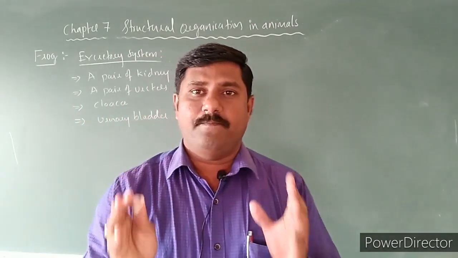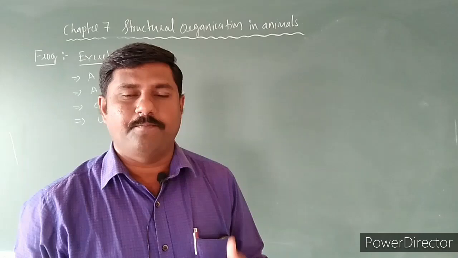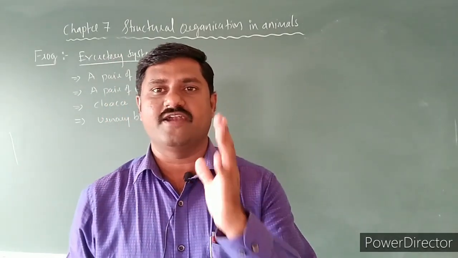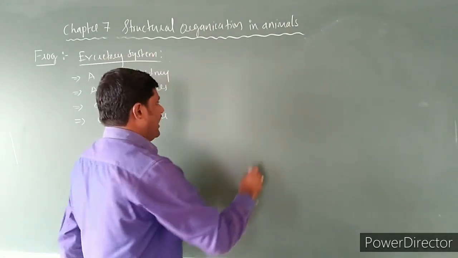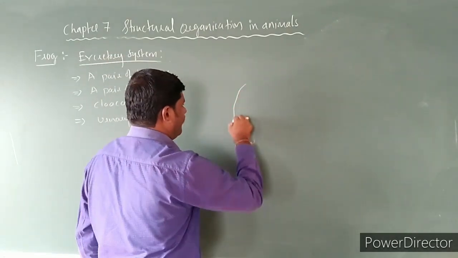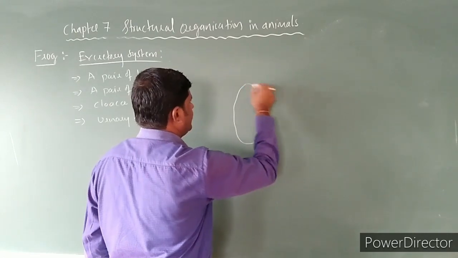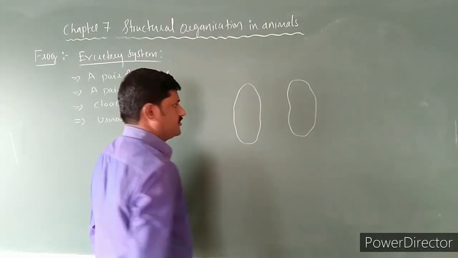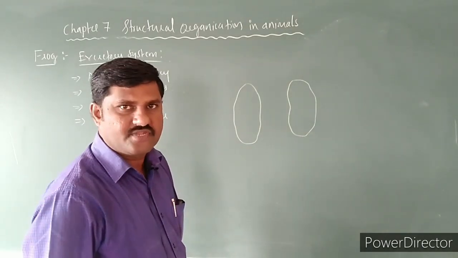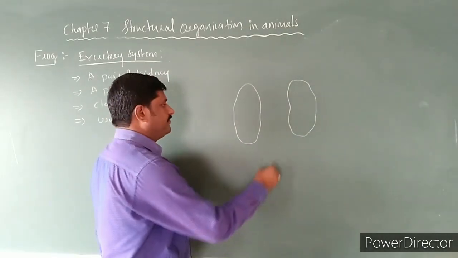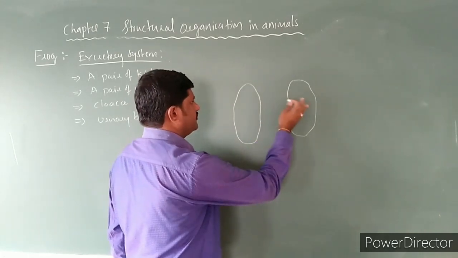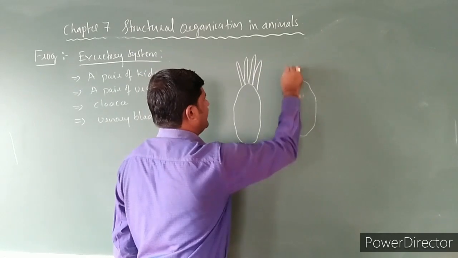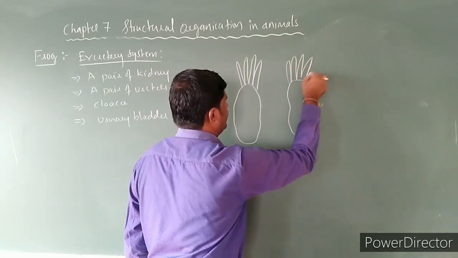A pair of kidneys, which are nearly bean-shaped structures, lie at the posterior part of the body, right? Above these kidneys, the fat material is present here.